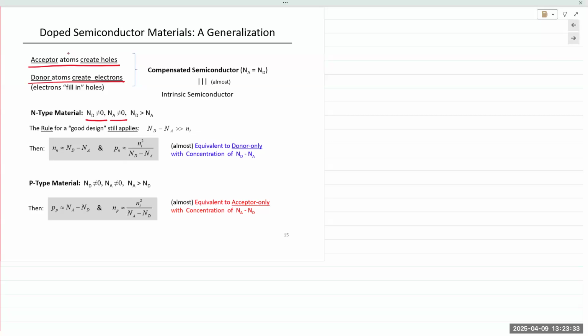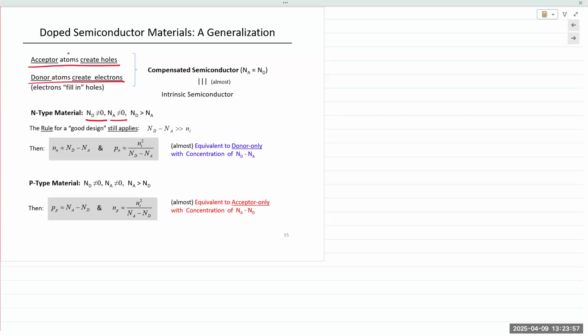So I will talk about that just a little bit. In an N-type material, it's not necessary that we have only donor atoms. We have Nd, the number of donor atoms, but it's not necessary that there are no acceptor atoms. So Na and Nd would not necessarily be 0 in either one of those materials.